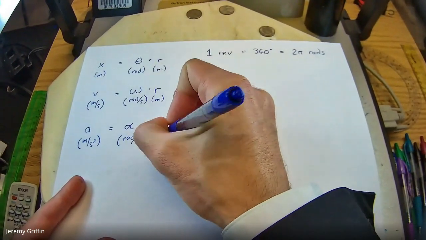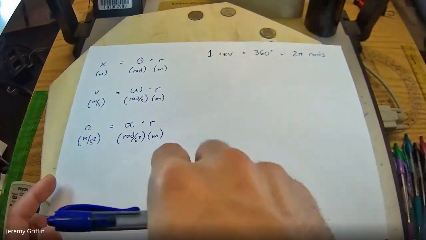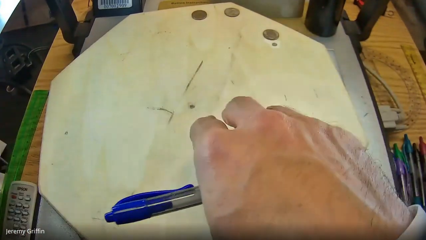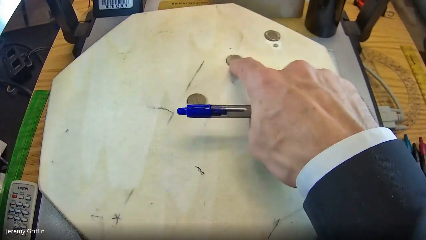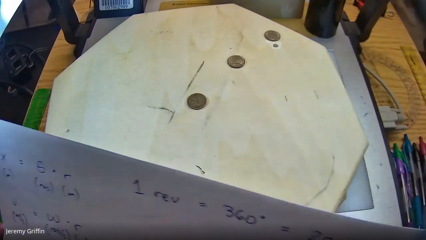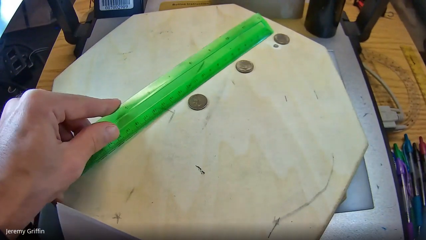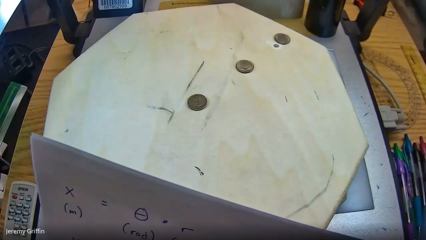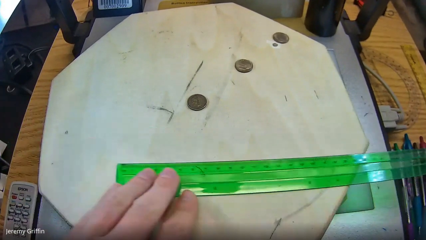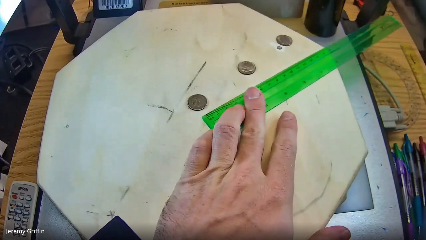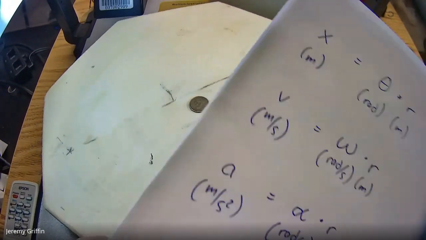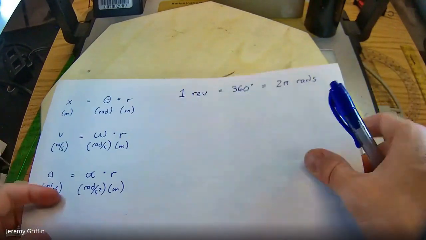You guys remember this? So that's how you convert back and forth between how fast something's spinning and how fast it's moving in a linear context. Just multiply or divide by this radial distance from the center, depending on which way you're going. Okay, we should do it this way, starting from the center, 0, moving out.